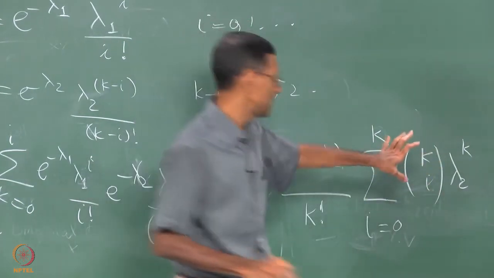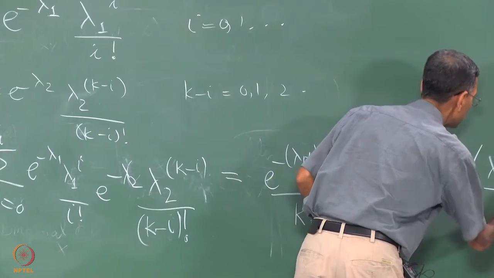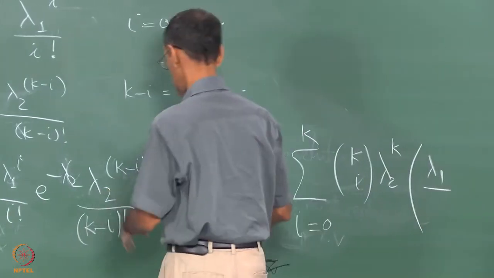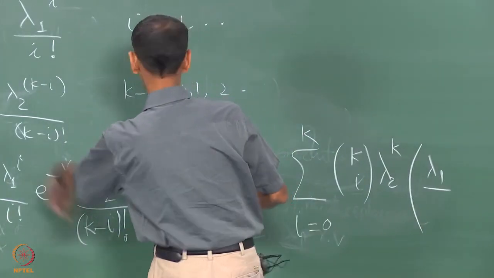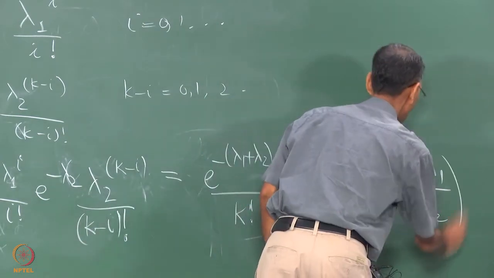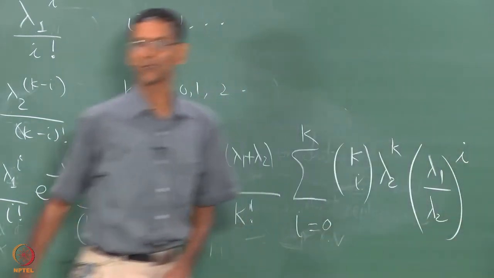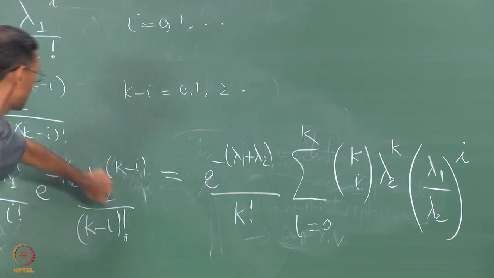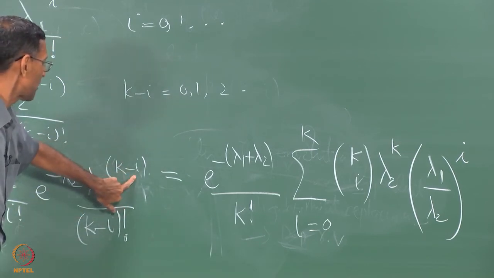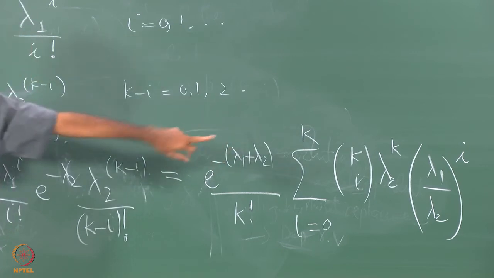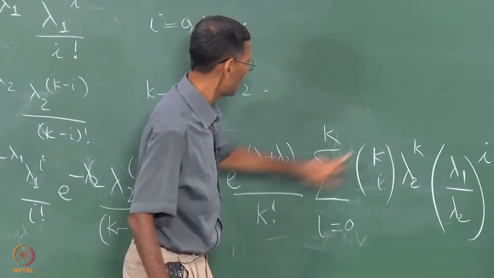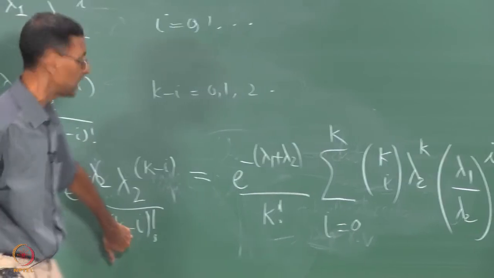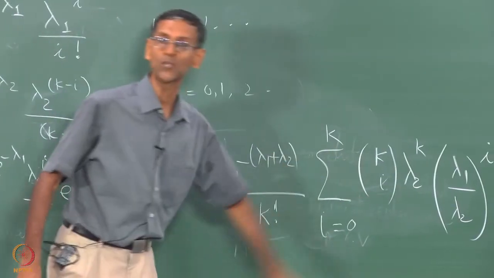And then this will be lambda 1 divided by lambda 2 to the power of i. Do I or do I not get this? I get it. Lambda 1 power i times lambda 2 power minus i is the same as putting it that way, and then this k factorial over i factorial, k minus i factorial just becomes k choose i.